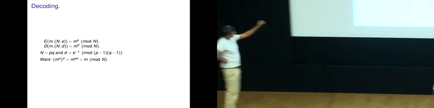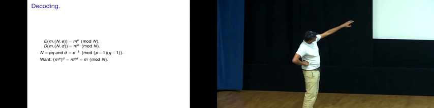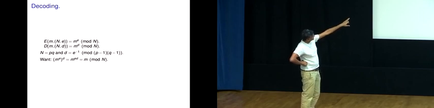What we would like is a message that goes in, M to the E, and that's the message that goes across the wire, the thing inside the parentheses.